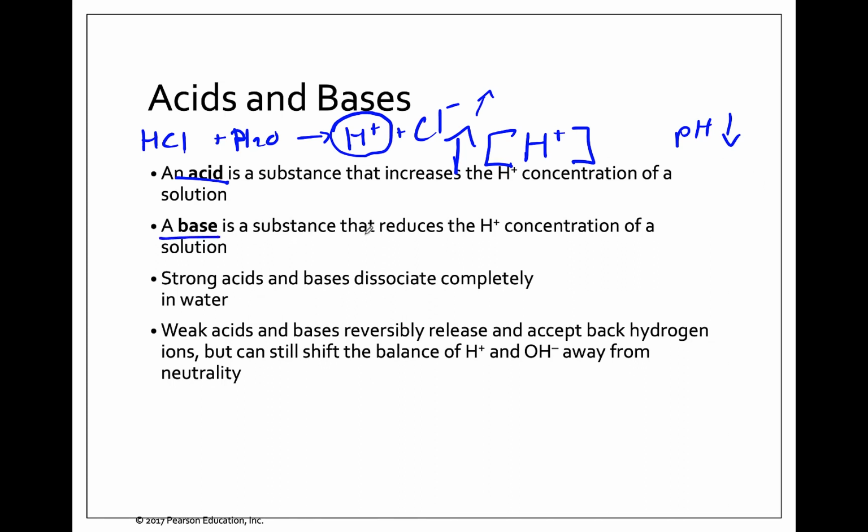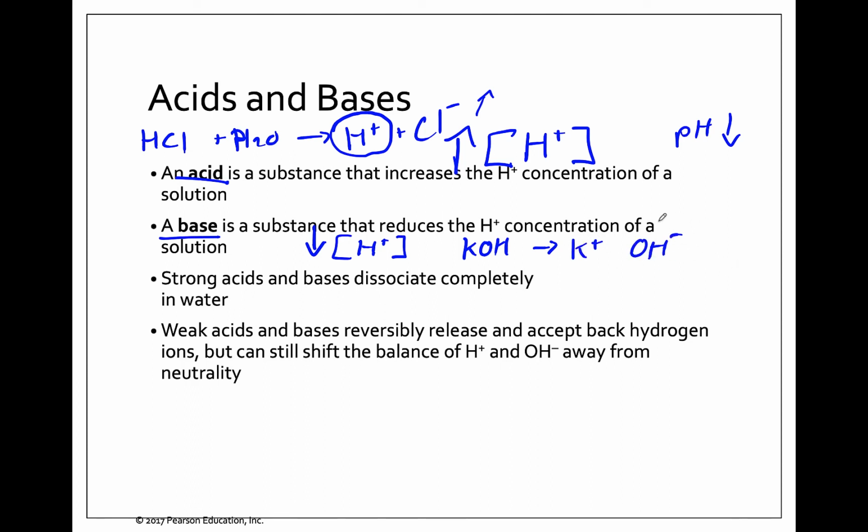A base is a substance that reduces the number of hydrogen ions in a solution. So this is going to bring the number of hydrogen ions down. A strong base, something like potassium hydroxide, when it gets in water, is going to go into potassium and OH-.